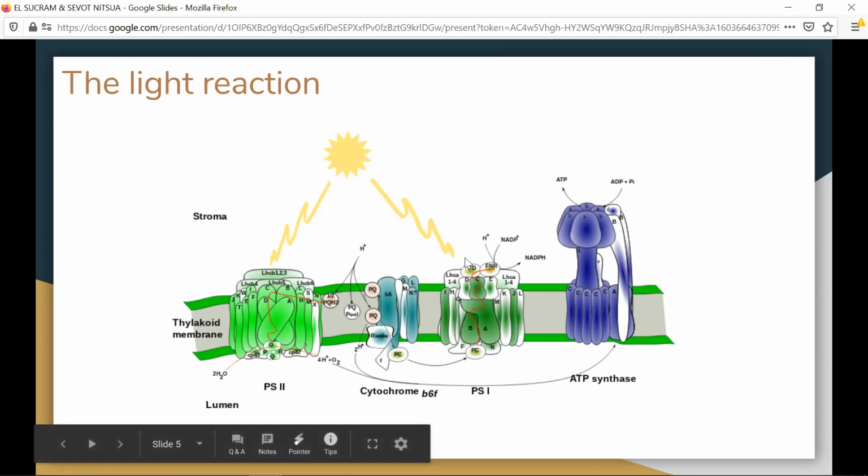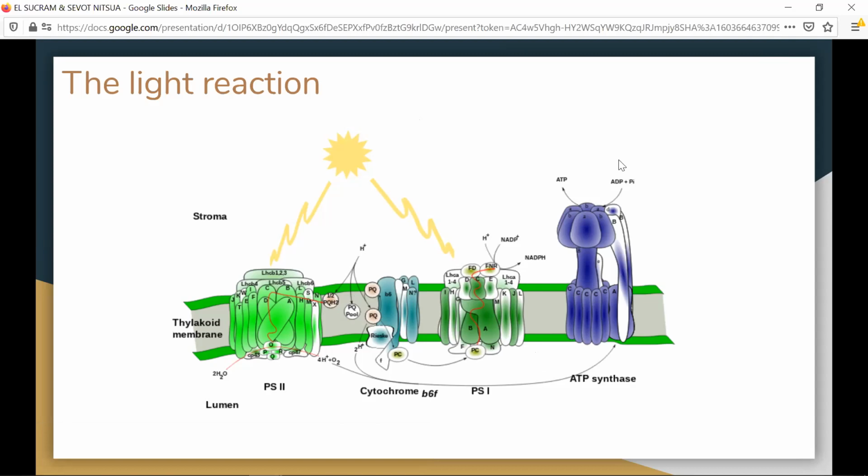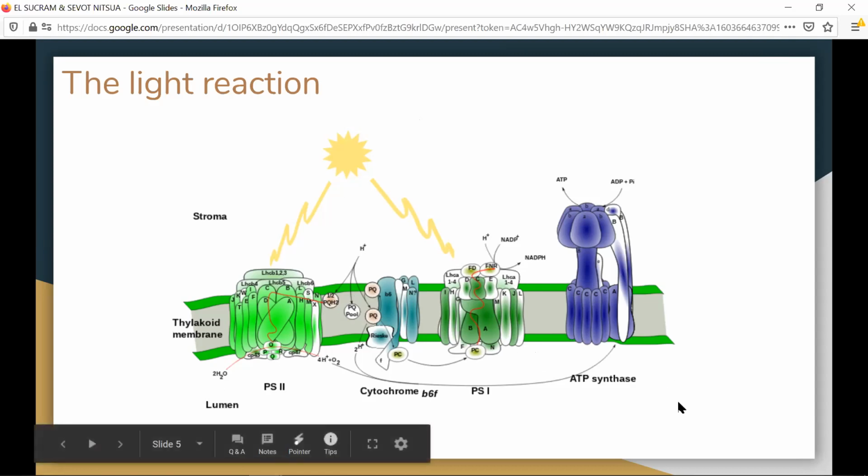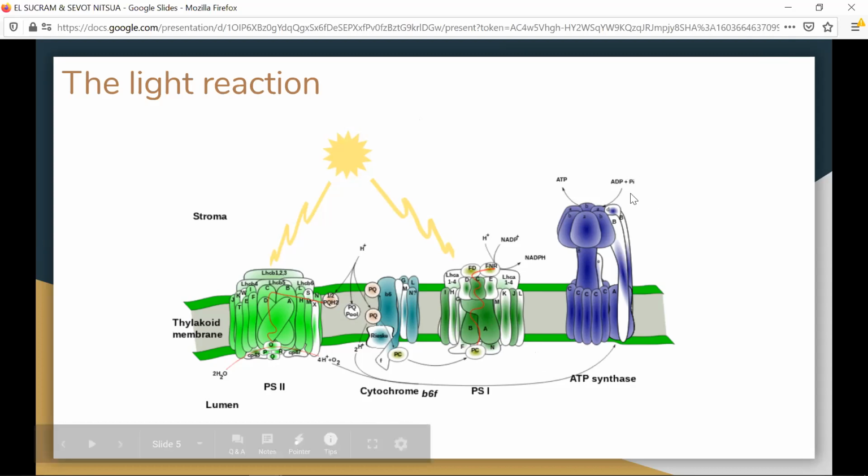Now, the formation of the gradient, right, because there are H pluses here and H pluses here, right? It doesn't show this on this picture, but there should be a higher gradient of H plus ions in here because on the outside you see ADP is synthesized into ATP. So it follows a similar function.